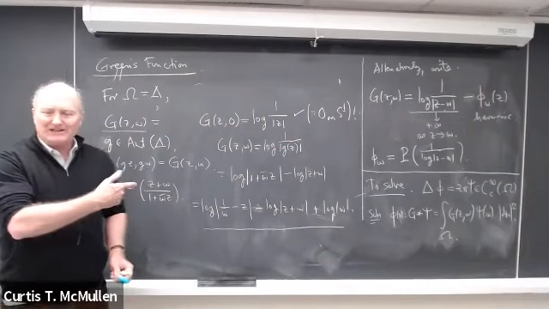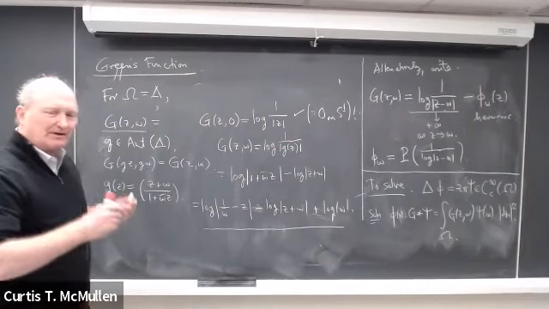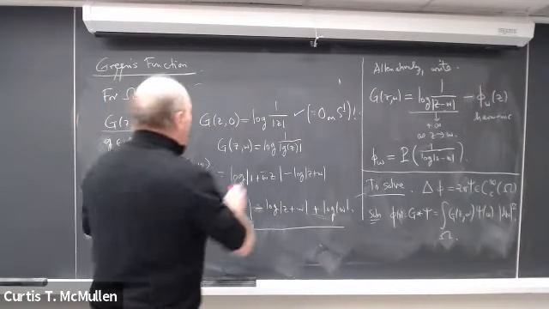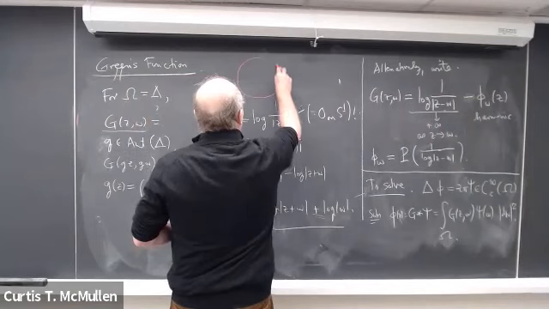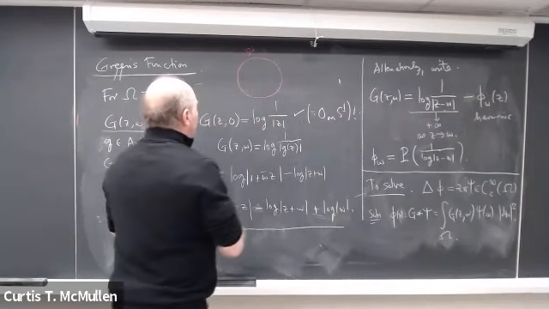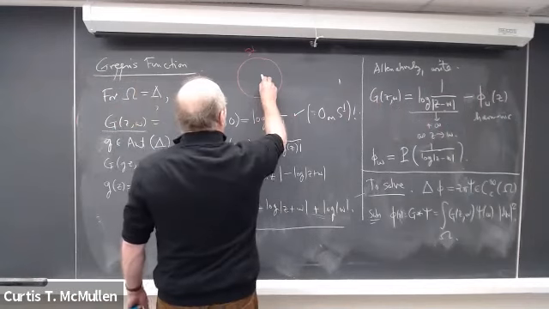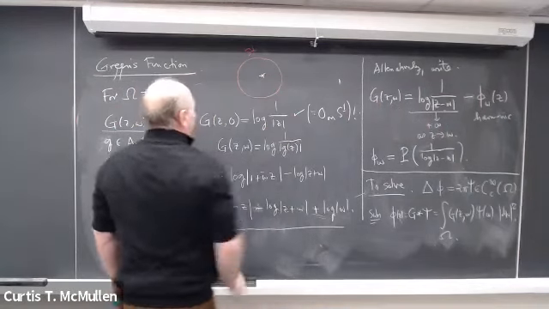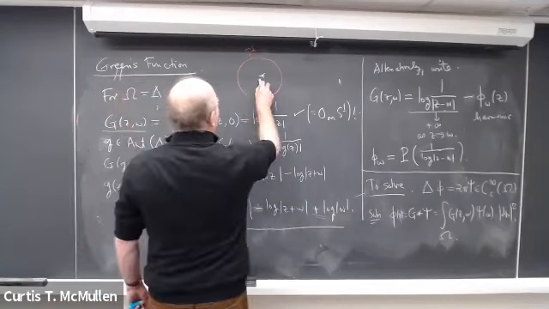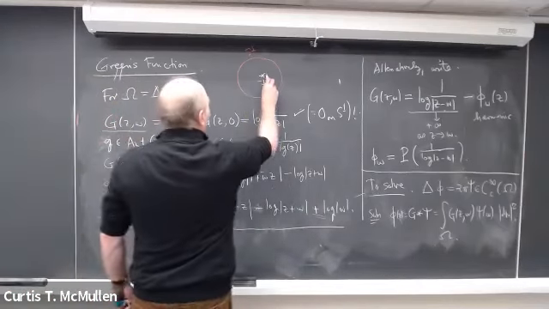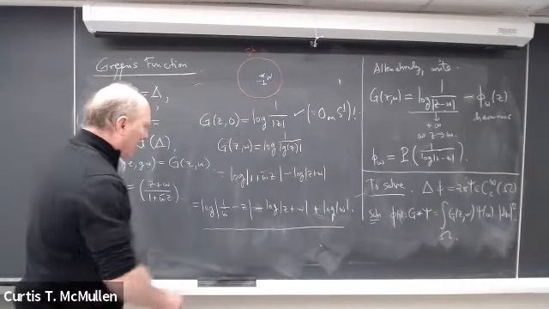Now, I want to explain this formula because physicists can write this formula down off the top of their head. And here's how they think about it. So we have the unit circle, and we wanted to have a point charge of mass -1 at the point w. Okay, so where is that in our expression?